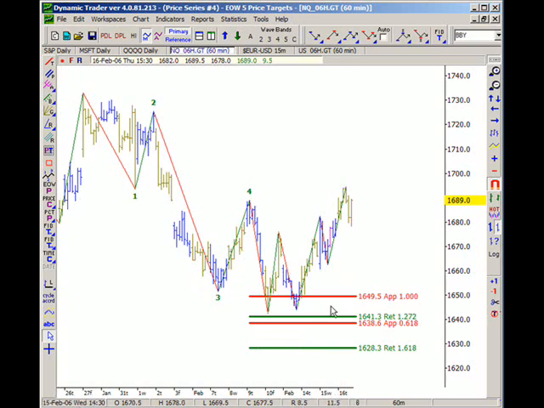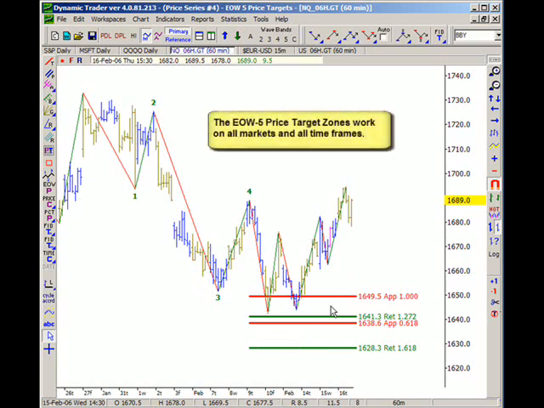It works on intraday data, it works on daily data, it works on stocks, indexes, futures, currencies. In fact, let's take a little pause and get some text reminders of what we've just gone over, and then let's take a look at a currency example.